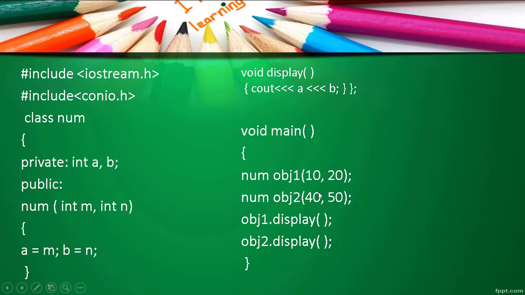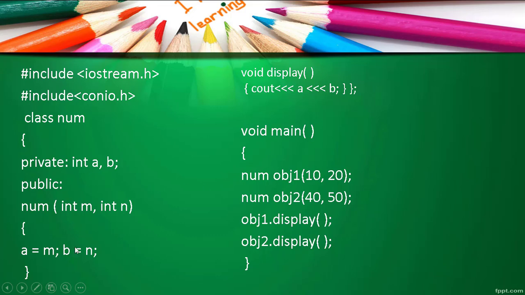So different set of values will be assigned to different objects, as different objects are created here. So different set of values will be initialized to the parameterized constructor. Okay, that was not possible in case of default constructor. It was initializing the same set of values.